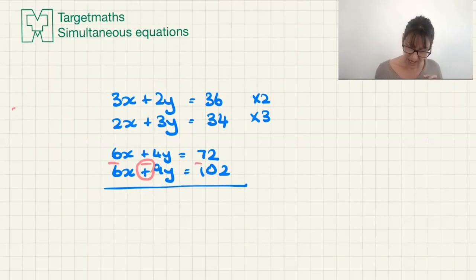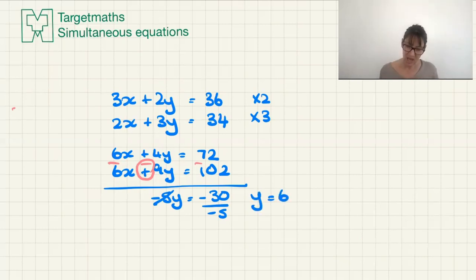Fabulous. I can see that the ringed operations is going to give me a takeaway. So I've got 4 take 9. That's going to give me minus 5y. 72 take away 102 is going to give me minus 30. Divide through by the minus 5 to get y on its own. And I can see that y is equal to 6.